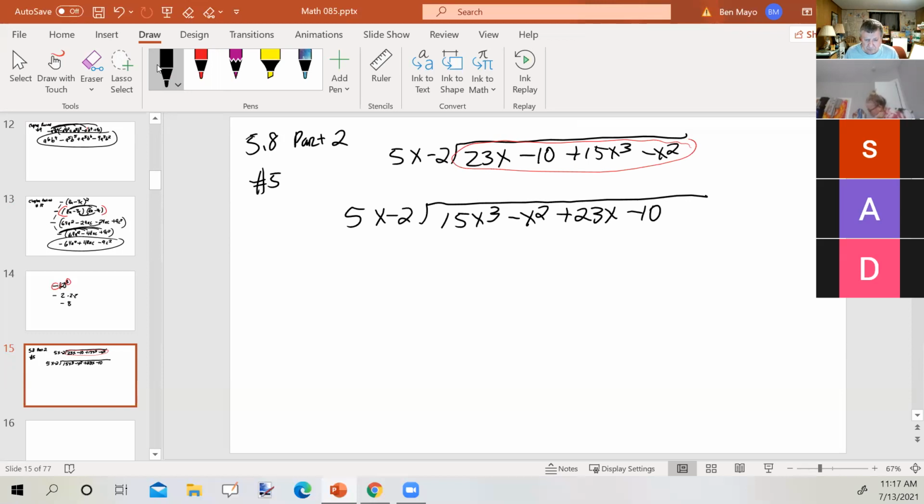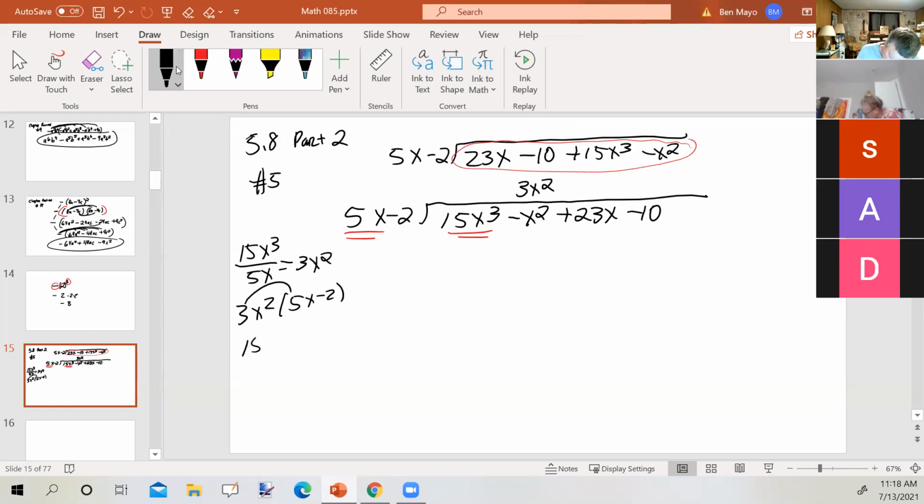Okay so far? Yes. All right. So now we're going to take the leading term inside divided by the leading term outside. 15x cubed divided by 5x. That's going to give us 3x squared. Then we're going to take the 3x squared times the divisor, that is the 5x minus 2, and we get 15x cubed minus 6x squared.